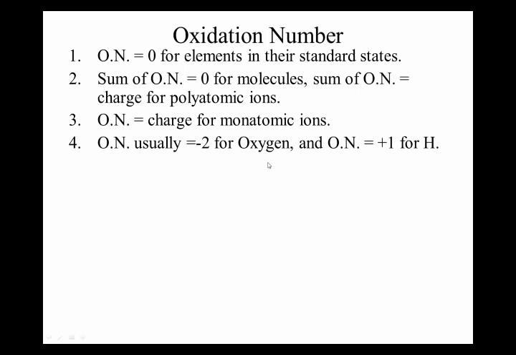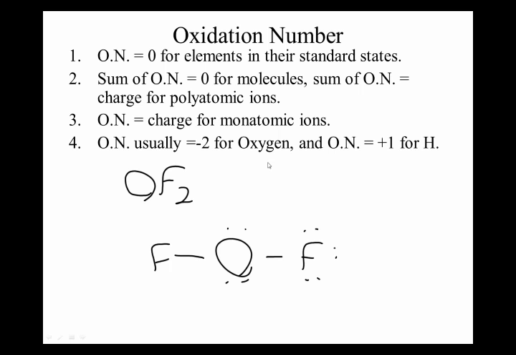All right. So I said usually -2 for oxygen and +1 for hydrogen. Here's a time, how about OF2, right? If we think about this, by the rule I said, the more electronegative element always gets the electrons. Well, what's more electronegative, oxygen or fluorine? Well, fluorine wins this round because it's more electronegative.